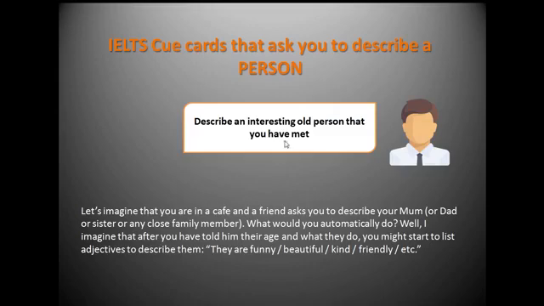Now, let's imagine that you're in a cafe, and a friend of yours asks you to describe your mom or your dad or your sister or anyone close to you. So what would you do at that time? After you have told the person their age and what they do, you might start to list adjectives.